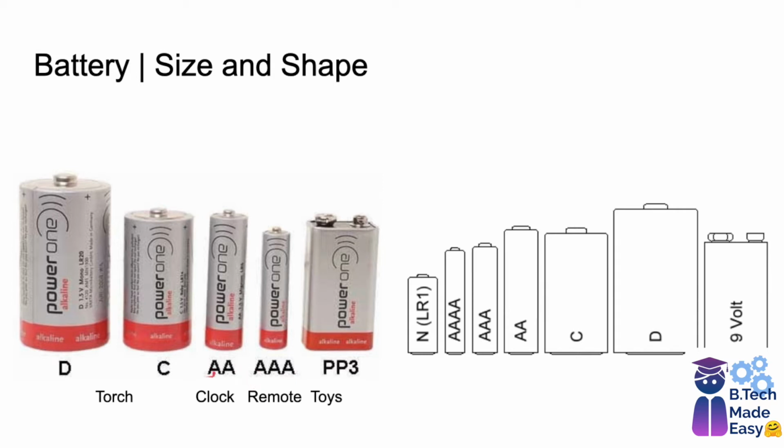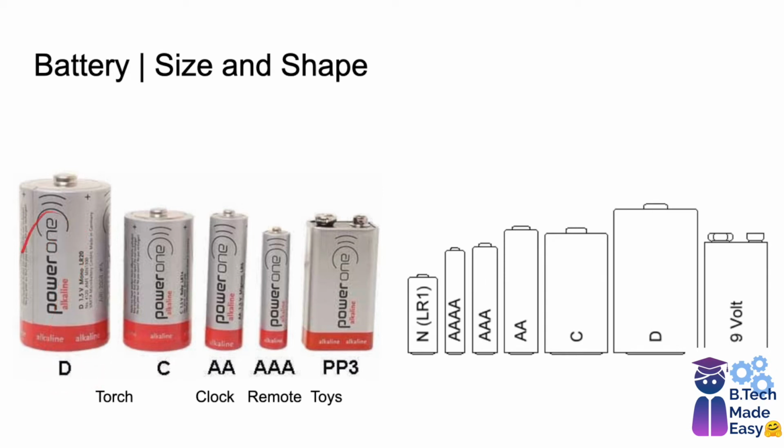The AA size battery is a normal battery that we use in our clock, correct? Now the AAA size battery is a smaller variant of the AA size battery that we use in our remotes. Okay, and if you use some older type of torches, the batteries we used in those were this D type of battery.